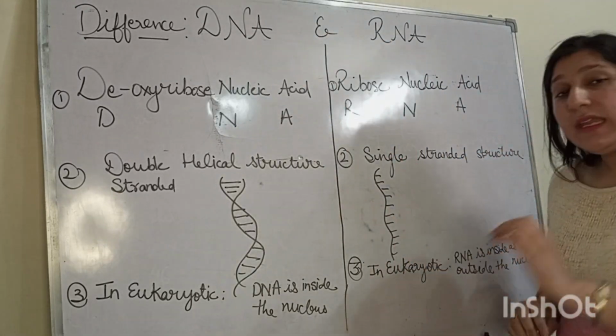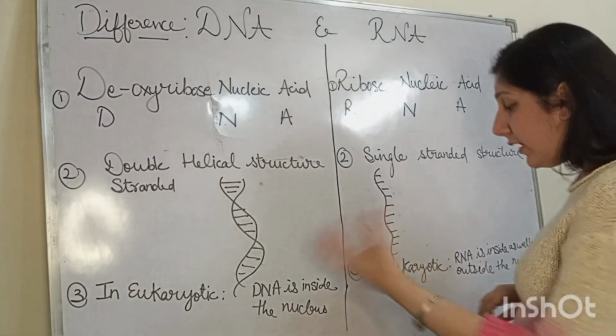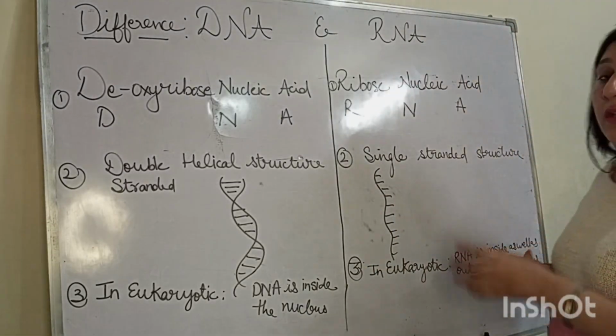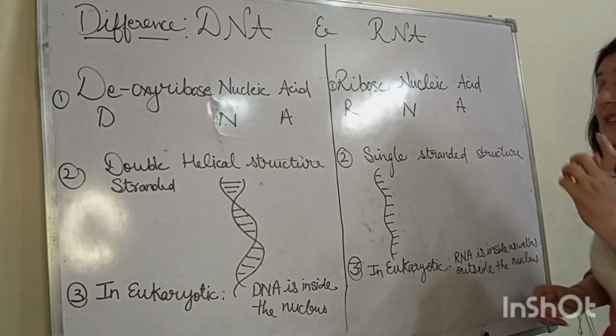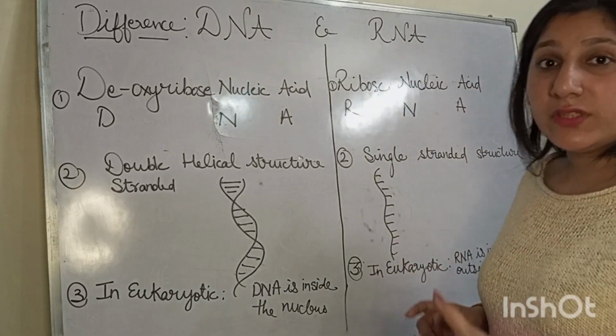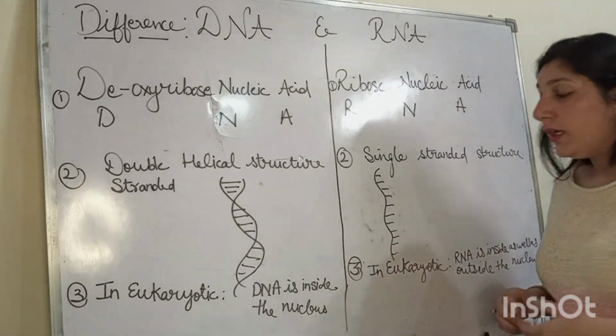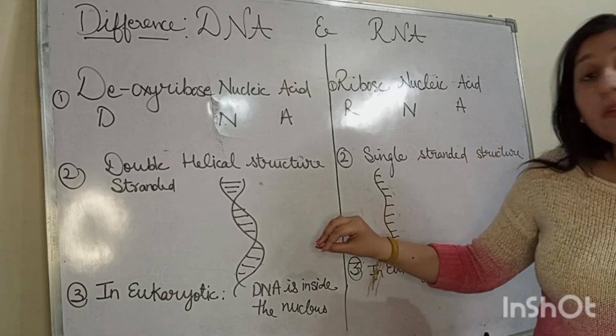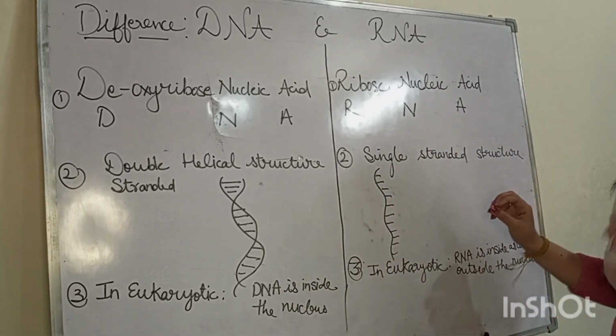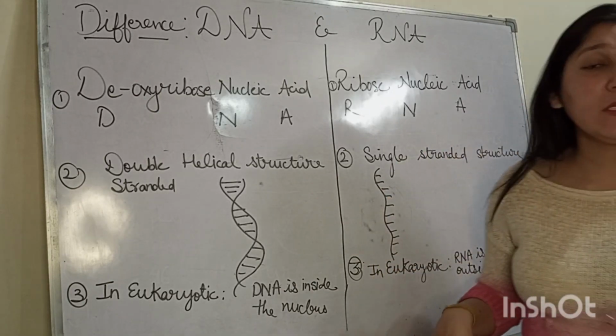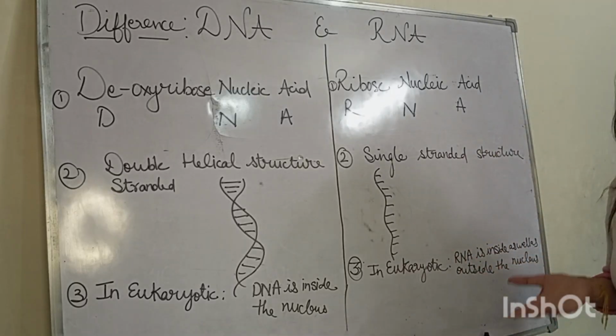But the DNA transfers this information with the help of RNA. A particular protein is synthesized for a particular type of gene trait. So DNA is present inside the nucleus, but RNA is a movable one. It is present inside the nucleus as well as outside the nucleus.